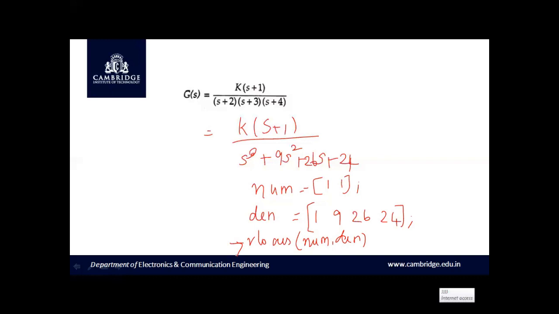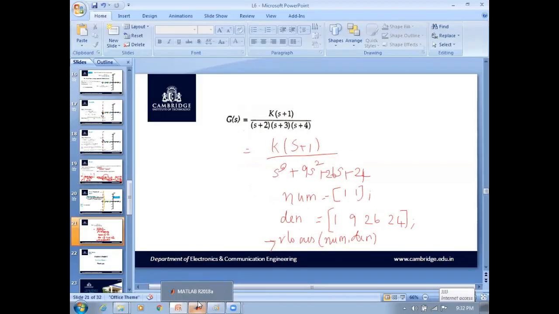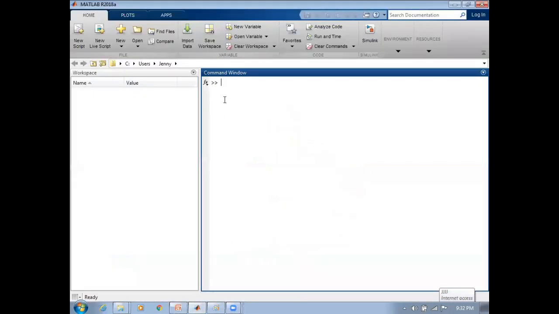Making use of this function, it is very clear that it is used to study the effect of varying feedback gain k on the closed loop pole location. Let us try using this in MATLAB. Let me click on this icon, MATLAB. In the command window, let me enter the numerator polynomial s plus 1.